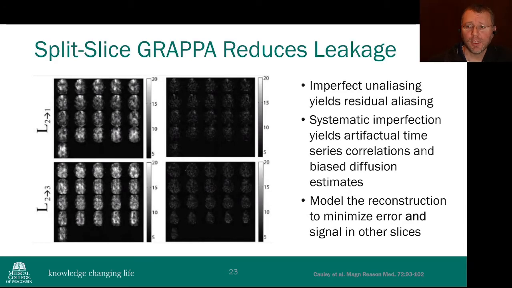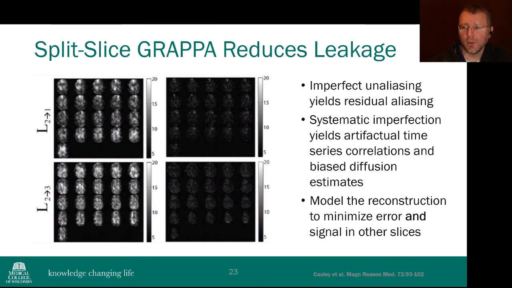So slice leakage is a fancy word for residual aliasing. When you perform the slice GRAPPA, you're optimizing to get a highest correlation between your unaliased k-space and your reference k-space.